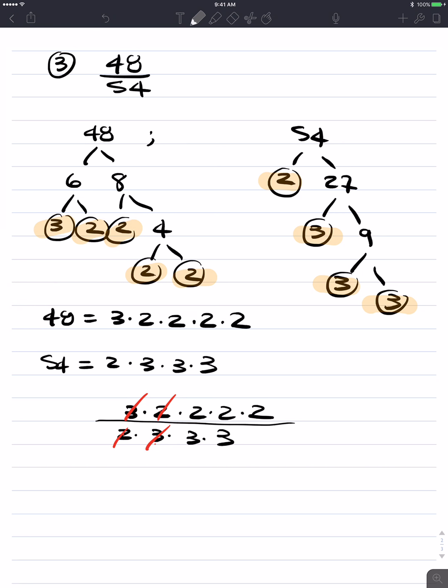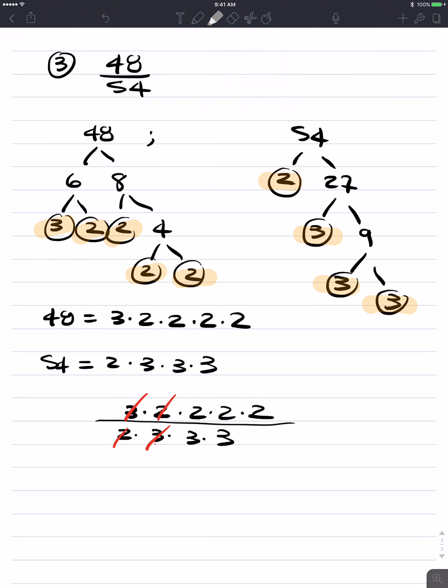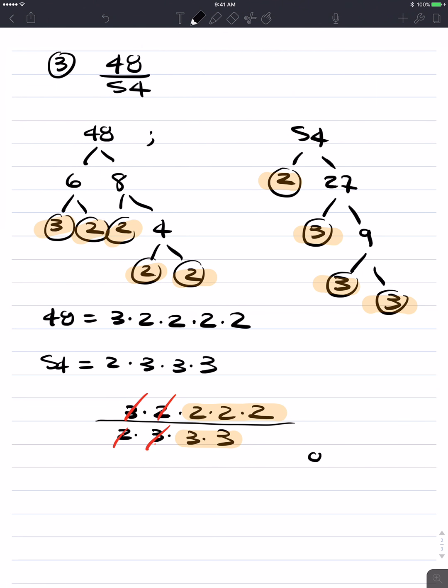There are no other numbers on top and bottom. These are the numbers that are left. When I multiply I end up with the value 8 over 9. I have simplified.